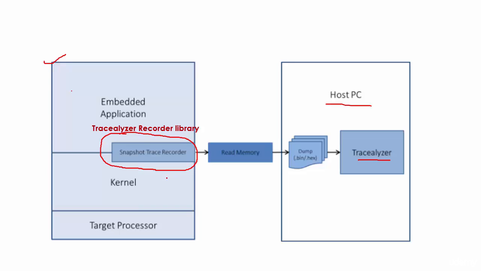Then you have to run your application, in this case the FreeRTOS application. Once the application is running on the target microcontroller, you have to halt the execution by using a debugger. In the debugger you will have run and halt, so run for some time, then halt.